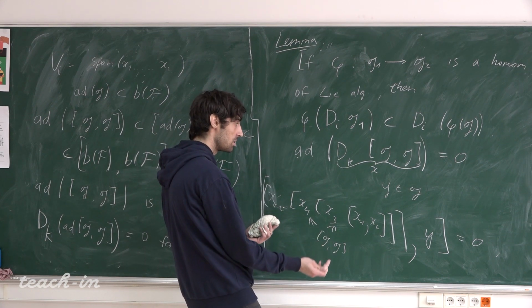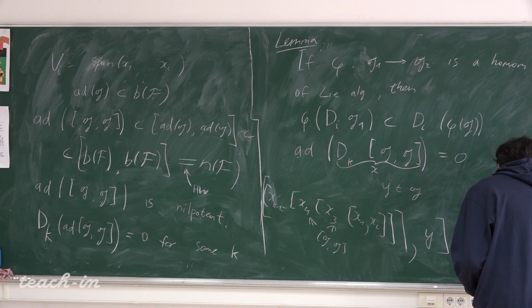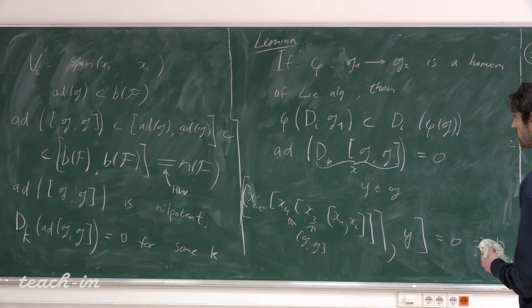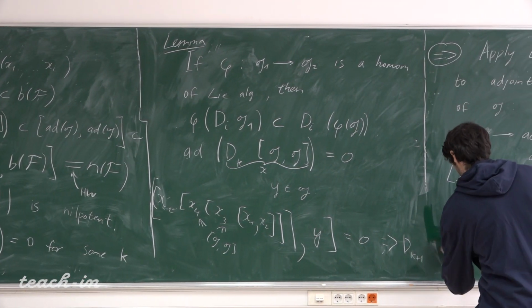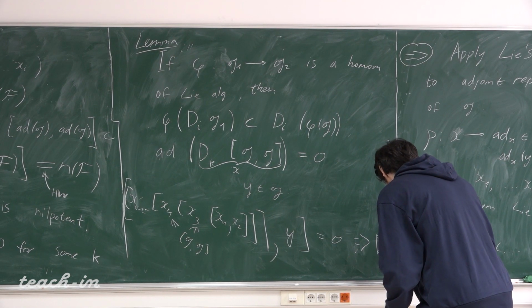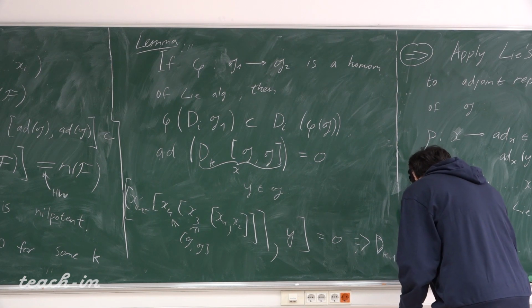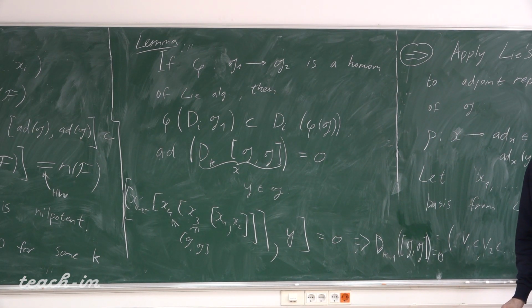This exactly means that D_{k+1} of G comma G is 0. So this thing is nilpotent.